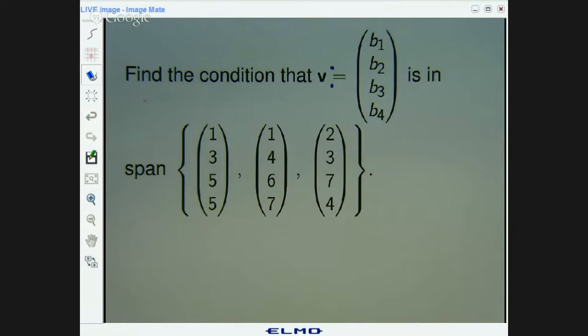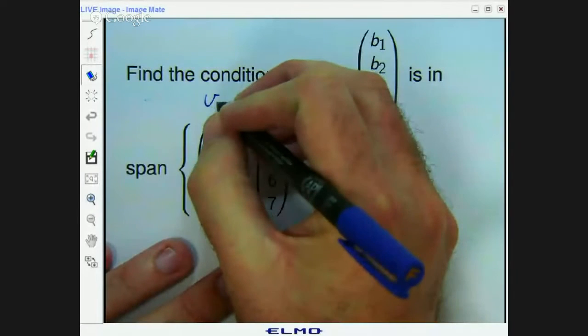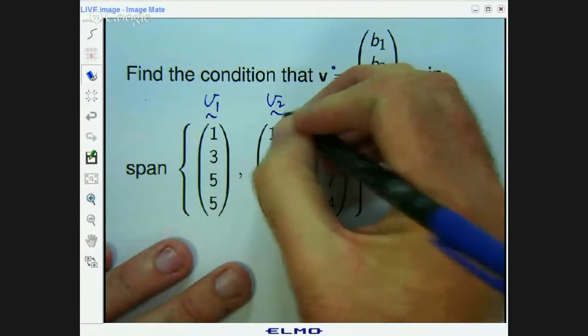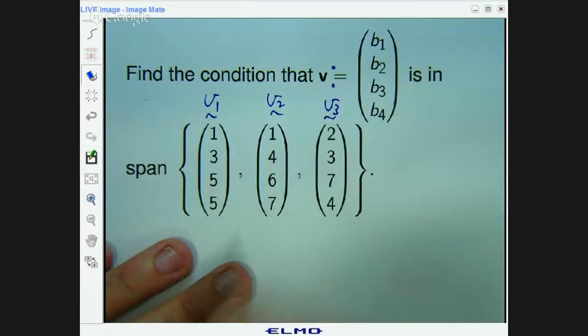So in other videos, for example, my playlist on vectors, we talk about the span and linear combination of vectors. But mathematically, what's going on here? Okay, so if this is, say, the vector v1, this is the vector v2, and this is the vector v3, okay?